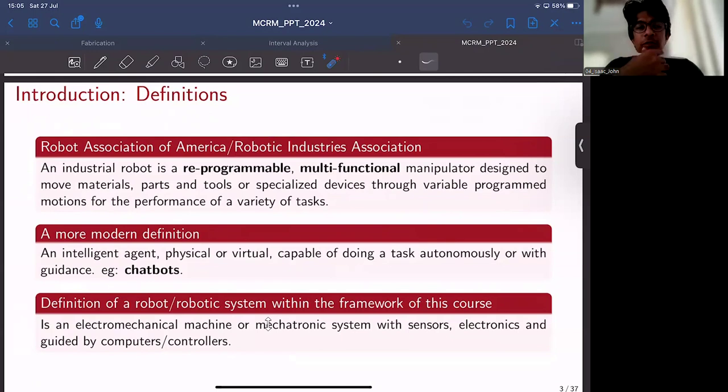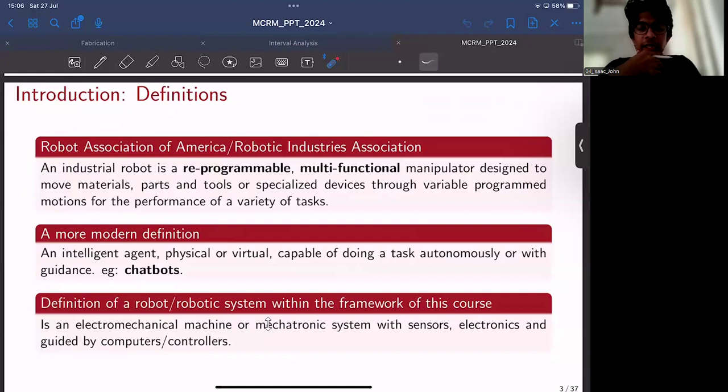It came out as part of a play, which was later adopted in scientific circles. Even now there is no conclusive way of defining what a robot is.